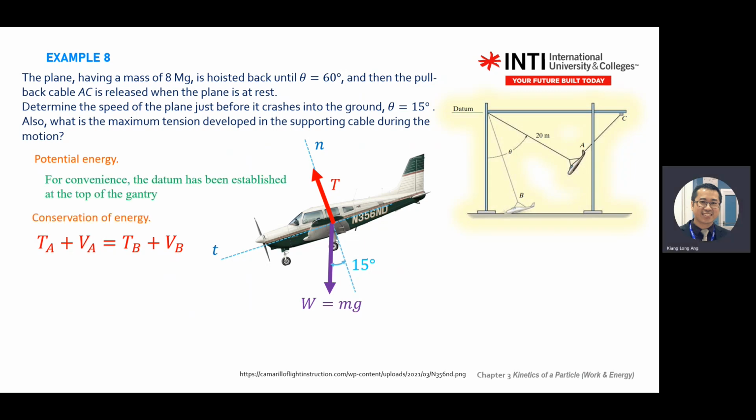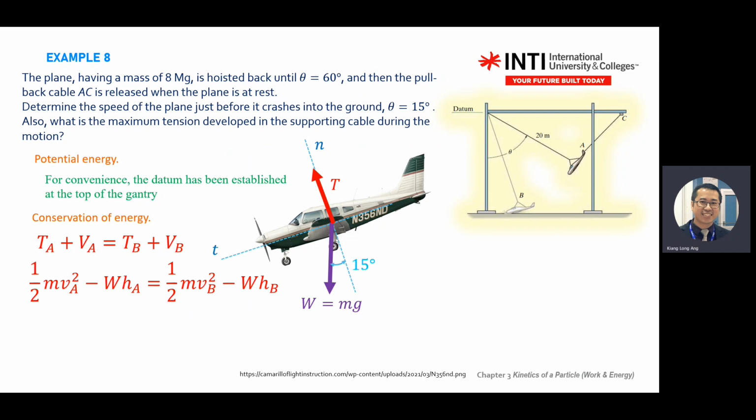For potential energy, you use conservation of energy. Conservation of energy: energy at point A equals energy at point B. So we only consider two types of energy, potential and kinetic. For A, you put in kinetic equal to half mv squared, and potential V equal to mgh or Wh.